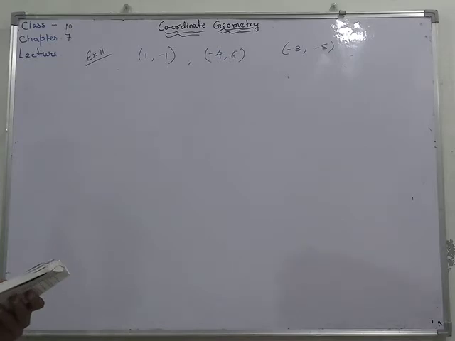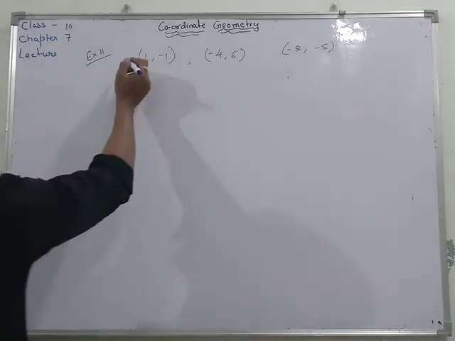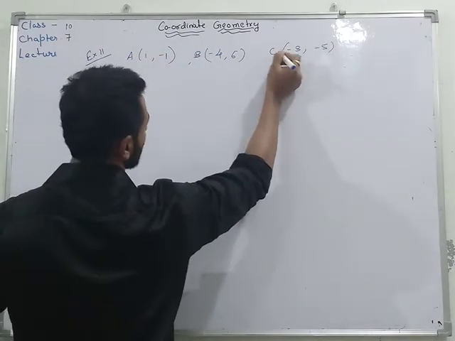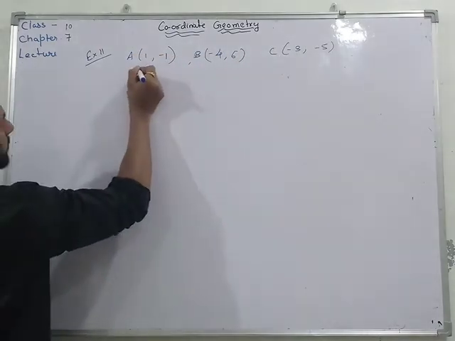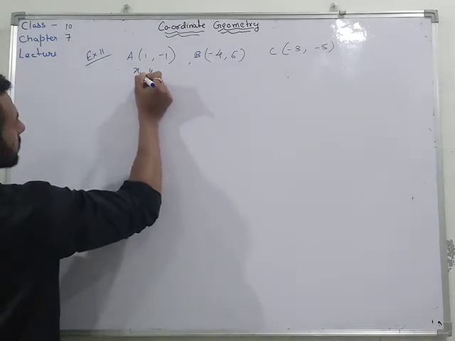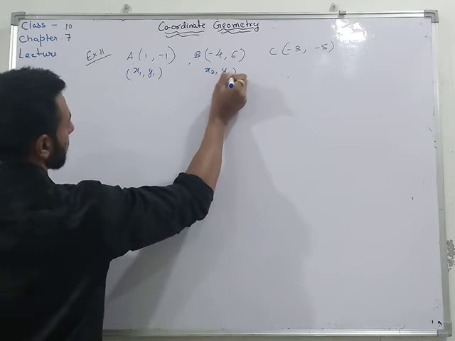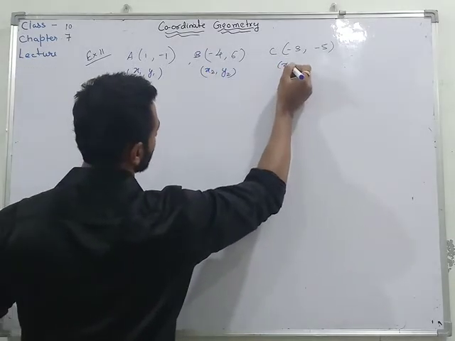The question says to find the area of the triangle whose vertices are the following. Naming these A, B and C, we can also name them x1, y1, x2, y2 and x3, y3.